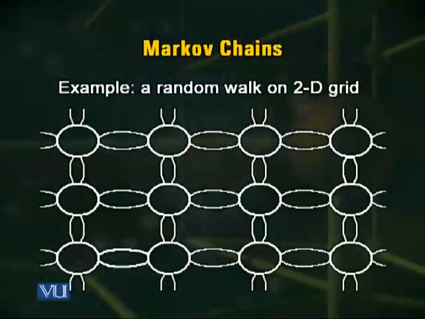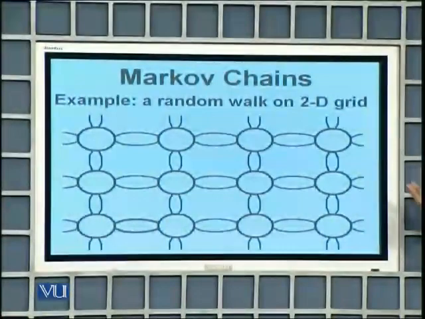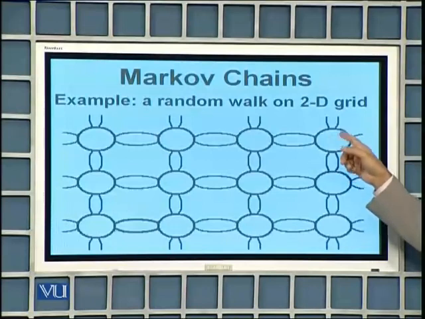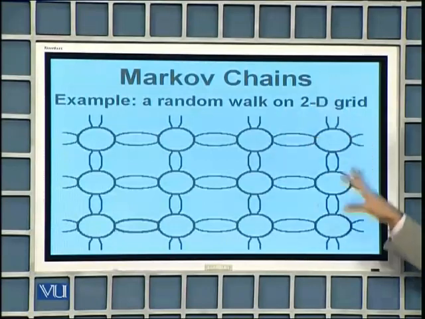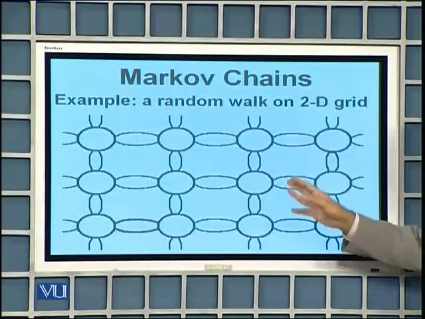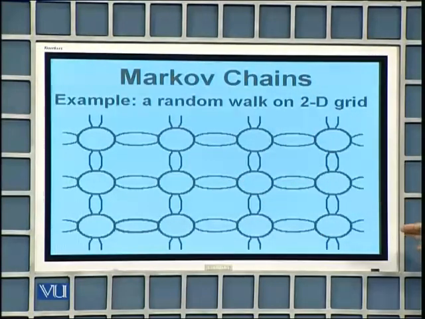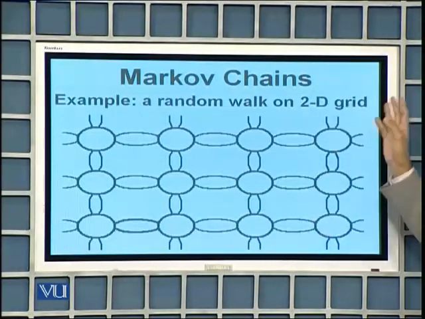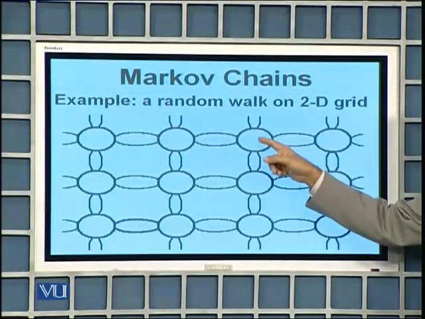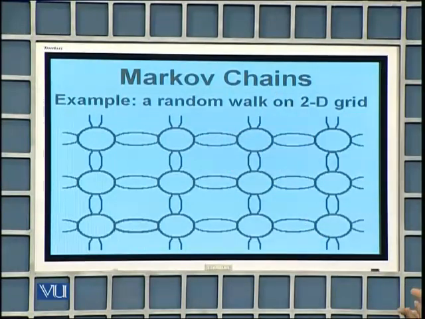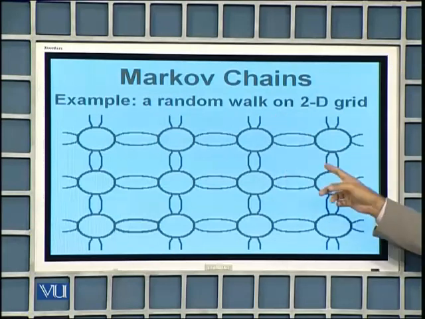The next example is an extension of this random walk, where we walk on a two-dimensional grid. I have not labeled the states here, they have been left empty, but this collection of states is located on a sampled grid of a two-dimensional plane. So there are infinitely many states, and from any given state you move to its neighboring states with some probability, and similarly you can move back. I have not even labeled the arrows.